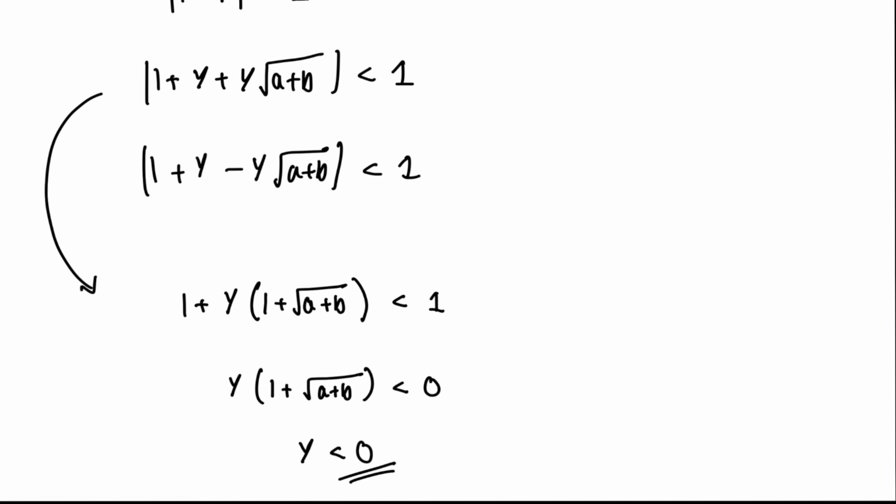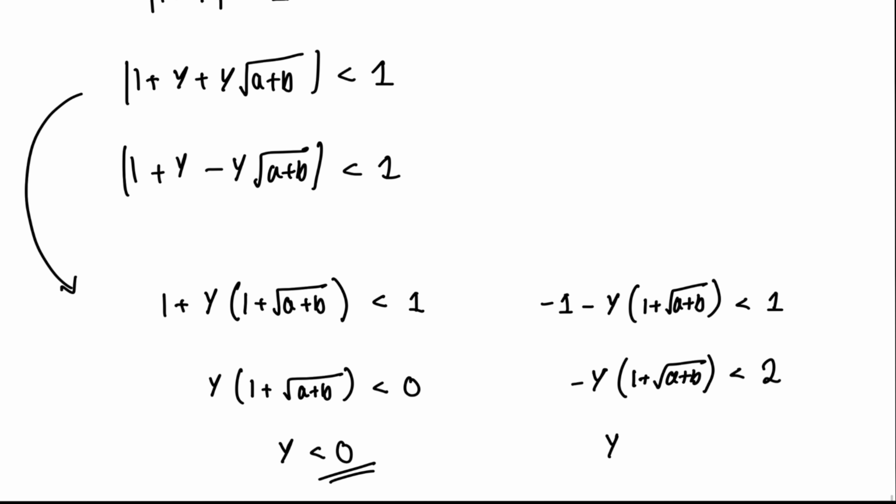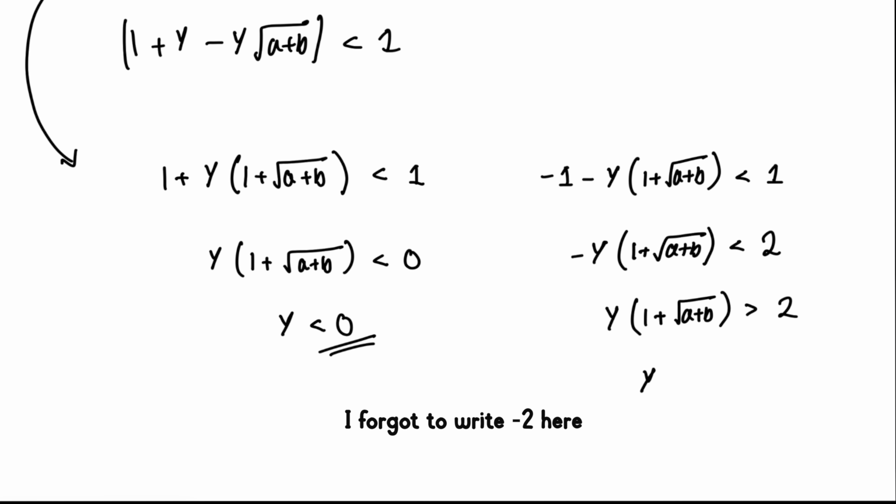Another way of writing this same modulus would be to say minus 1 minus gamma (1 plus root a plus b) is less than 1. Therefore, minus gamma (1 plus root a plus b) would be equal to 2. And then we would have gamma (1 plus root a plus b) is greater than 2. So gamma has to be greater than 2 over (1 plus root a plus b).